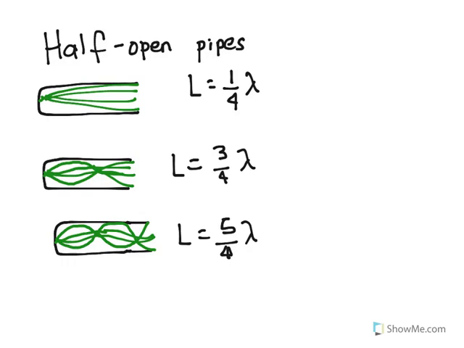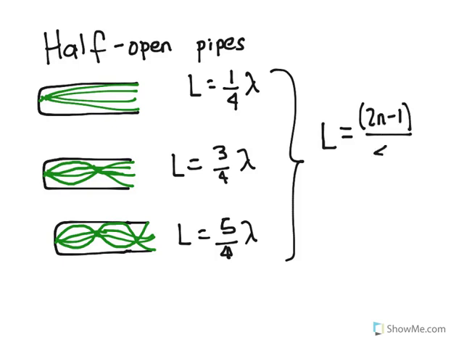This is not a very direct relationship as the one in the strings, but we can generate that L is going to be equal to (2n minus 1)/4 times the wavelength, n being the mode. This is the first mode, this is the second mode, this is the third mode, and so on and so forth.